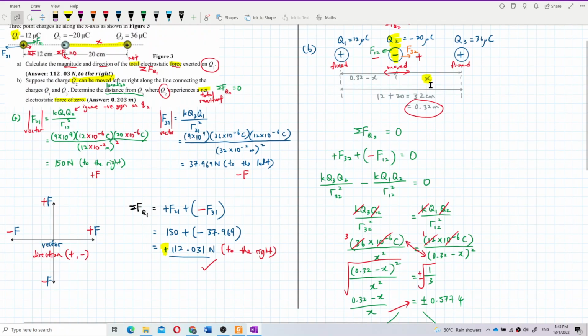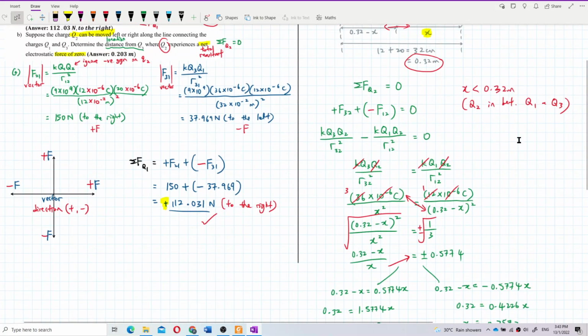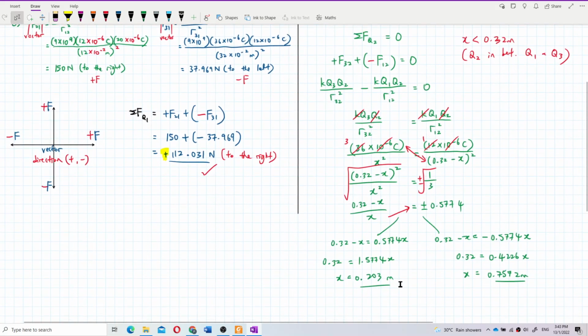Understand? So the x must be less than 0.32 meter, so that Q2 is in between Q1 and Q3. So it seems that this is the correct one.